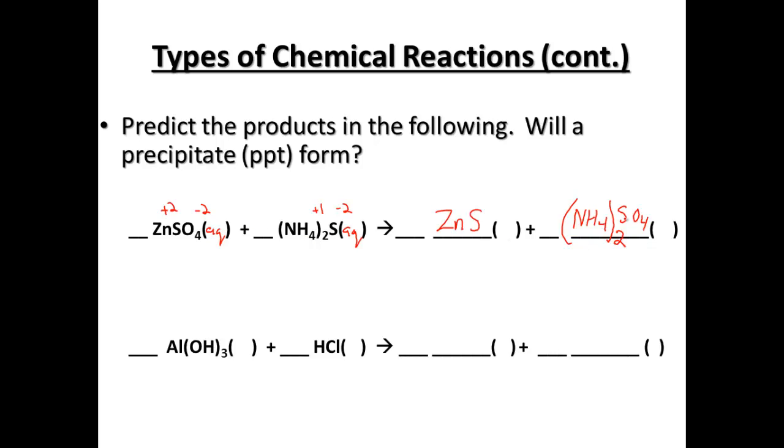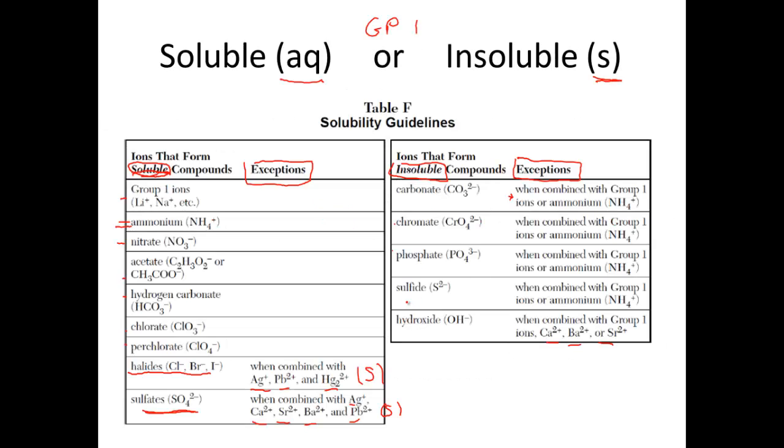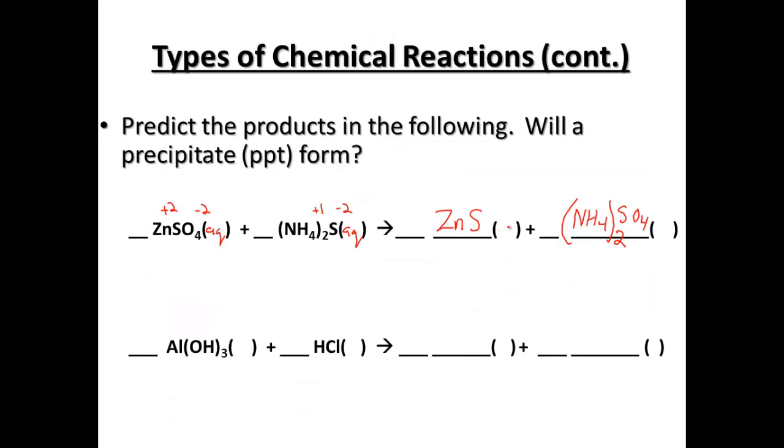So NH4 taken twice, SO4. Now all of our sulfides are insoluble except if they combine with group 1 or NH4. So zinc sulfide is going to be our solid, and NH4, all ammonium compounds, as we talked about earlier, are automatically aqueous.